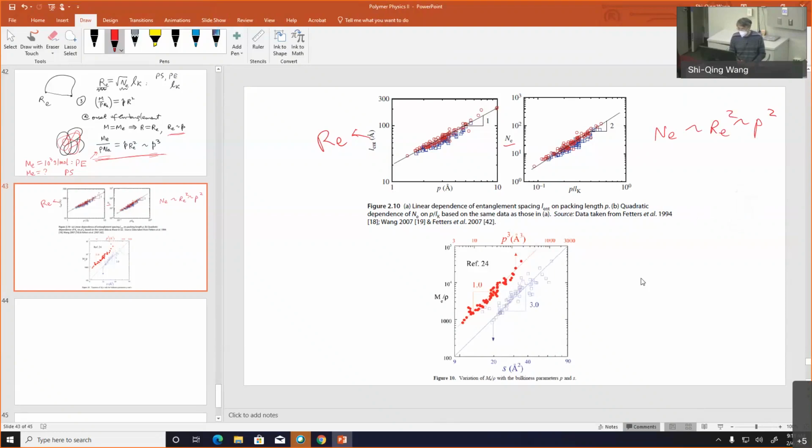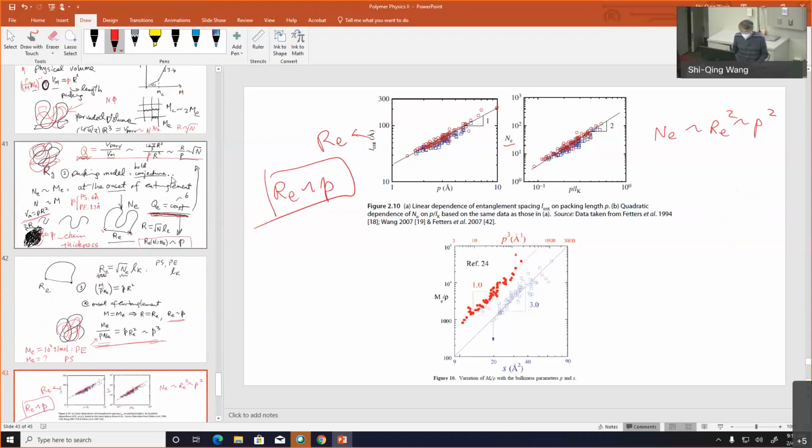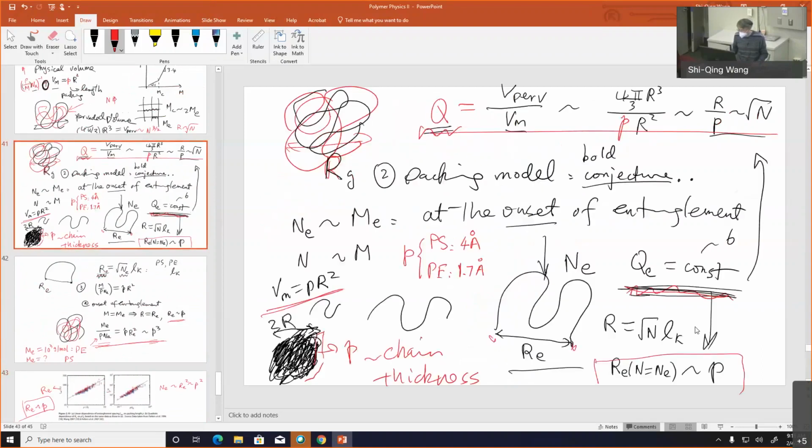For all polymers. So look at these two graphs. Remember that this being proportional to P is what the conjecture says. It's coming out of the conjecture. Remember, I argued that.